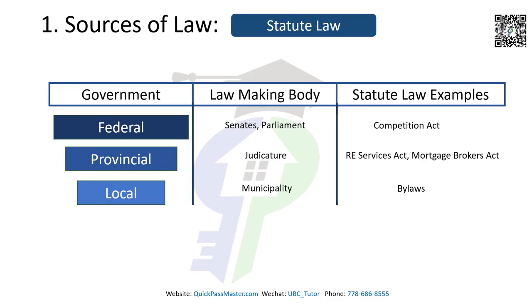And an example of a law created by the federal government is the federal Competition Act. Examples of the laws created by the provincial government are Real Estate Services Act or Mortgage Brokers Act. And the law created by the local government has a generic term called bylaws.